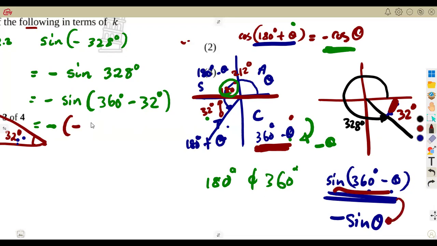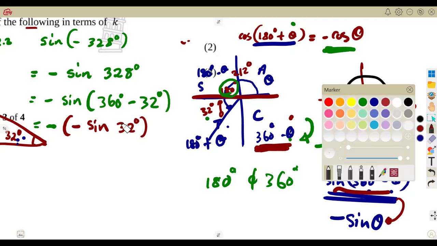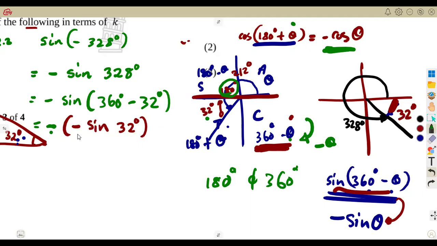So it will be minus sine. What is our theta? The acute angle. So it's minus sine 32 degrees. The minus that we already had and the minus for the reduction that happened. Minus, minus, that will be positive. So it's now sine 32 degrees.